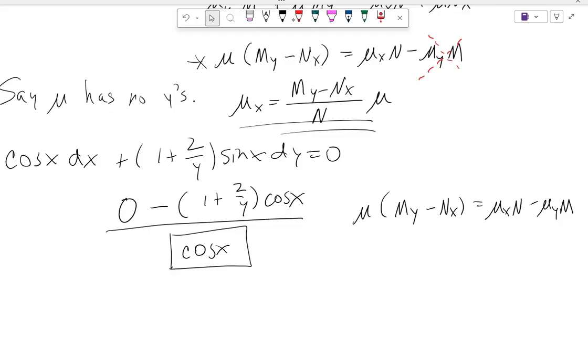Because it's divided by the cosine x. So I want this piece to go away. That's what we divided by, right? We agree? That was what made the x's go away? Okay. So if I solve this, you would have mu sub y equals the negative of m sub y minus n sub x over m times mu.